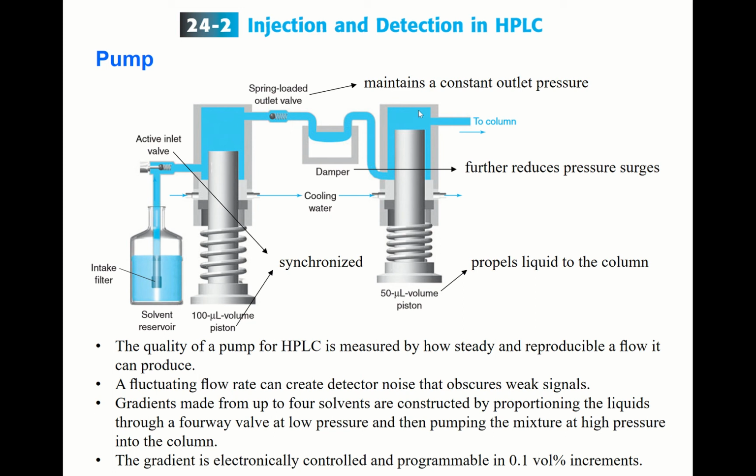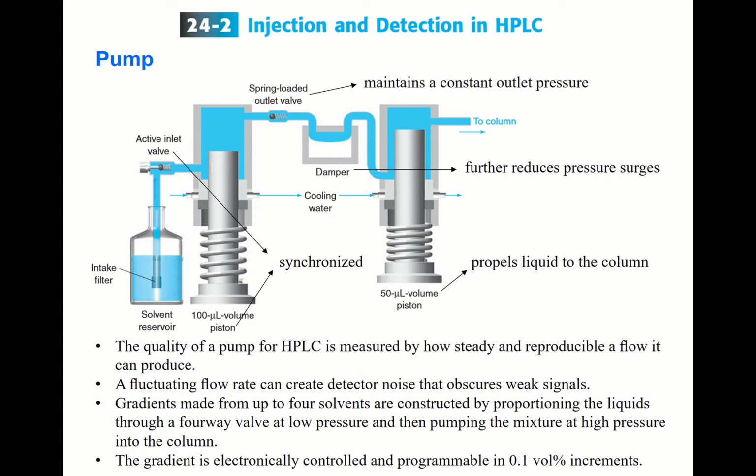Gradients made from up to four solvents are constructed by proportioning the liquids through a four-way valve at low pressure and then pumping the mixture at high pressure into the column. Although not shown here, for the gradient elution you need several solvents.